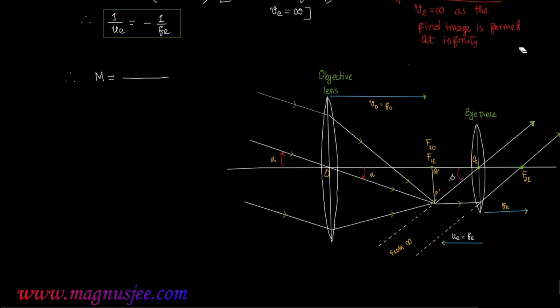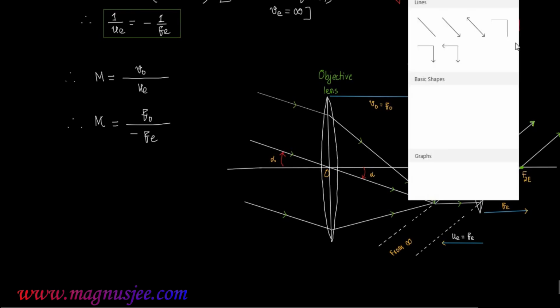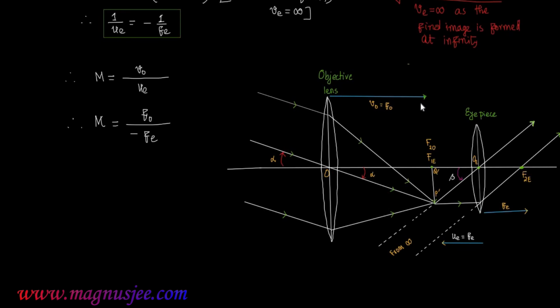Therefore capital M, the magnifying power of the astronomical telescope, will be equal to FO by minus FE.